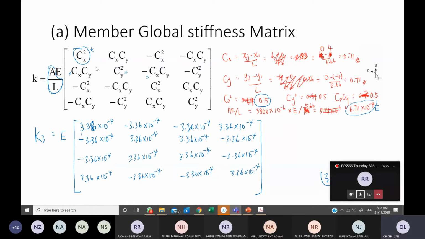A over L has been included in this template, and the remaining E is outside this bracket. Because for K1 and K2, the E is also outside the bracket, we want to make it the same. Do you get this value? Yes. All right.